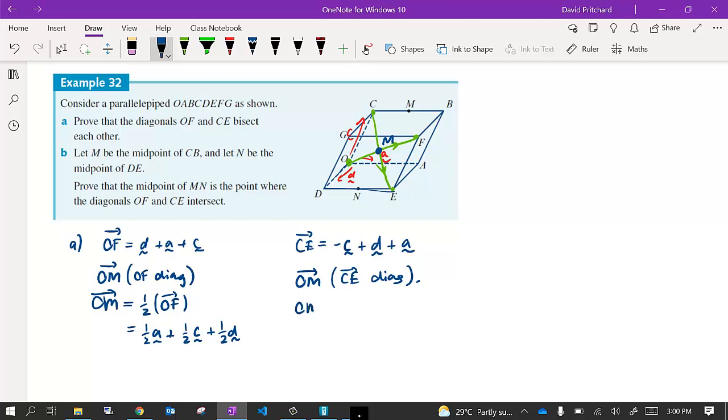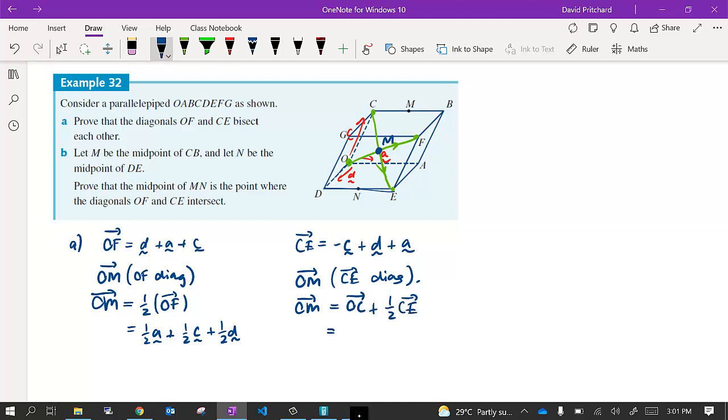Now when we look at OM over here, if we can get it to be the exact same thing, then that means that the two diagonals must meet at that bisect point, that what we've assumed is true. So go from O to M via CE, we're going to say that it's OC plus 1/2 of CE.